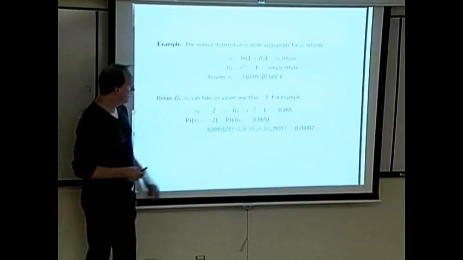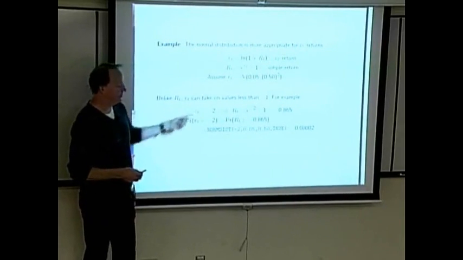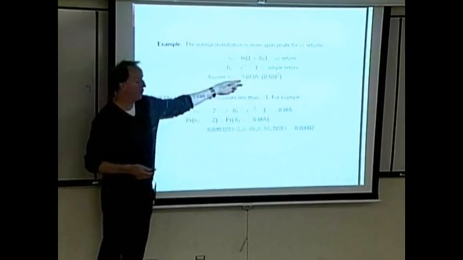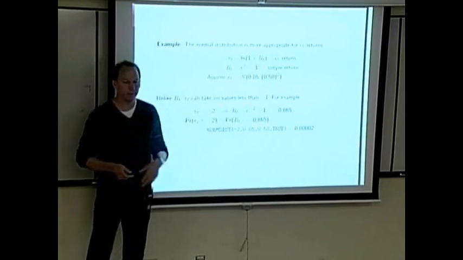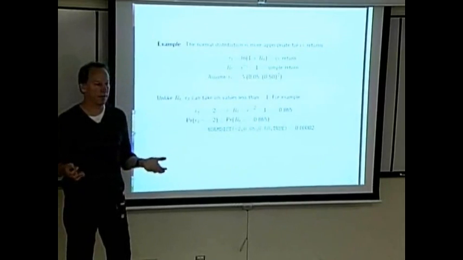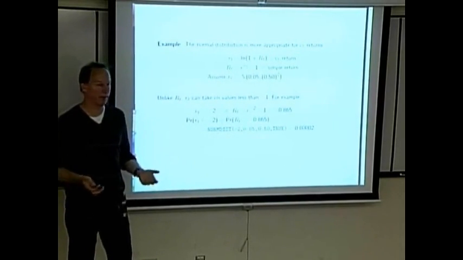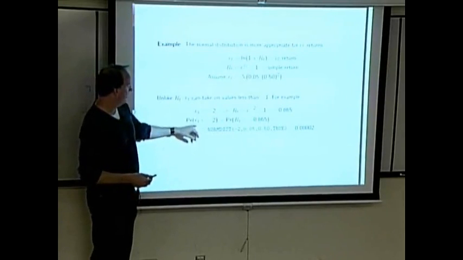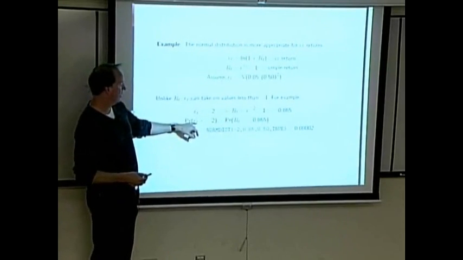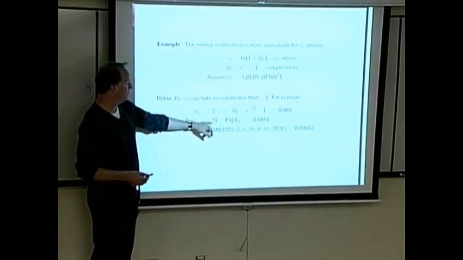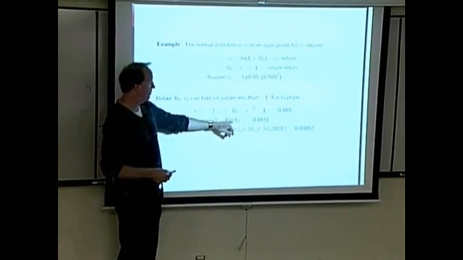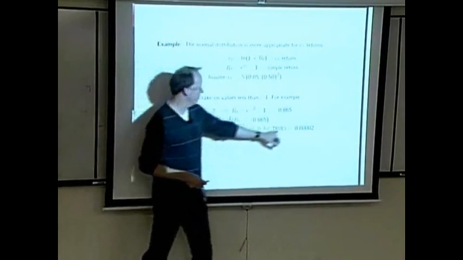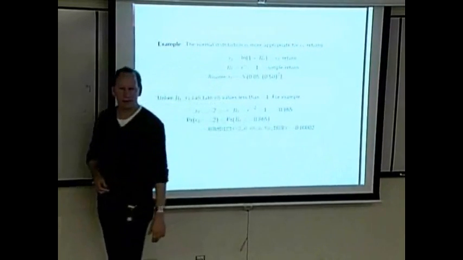Okay? So the continuously compounded return is perfectly sensible from minus infinity to infinity, and so the normal distribution is perfectly okay to describe the distribution of the continuously compounded return. And so, for example, the probability that the continuously compounded return is less than minus 2 is the same as the probability that the simple return is less than minus 86.5%, and there's a very, very small chance that will happen.